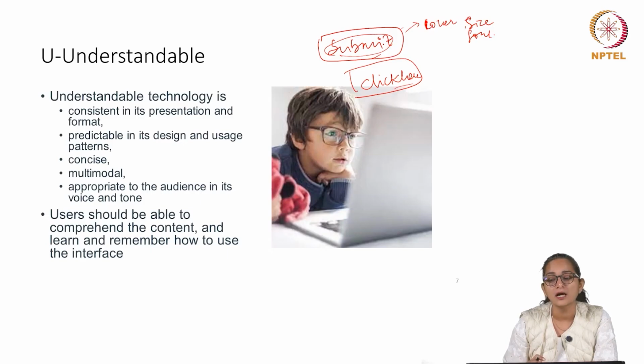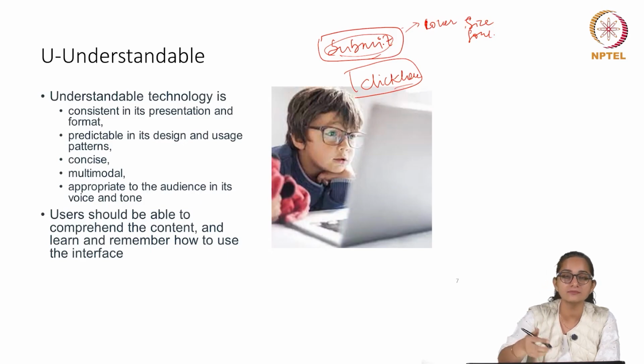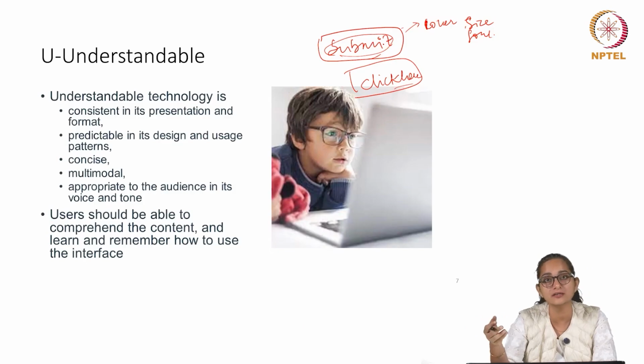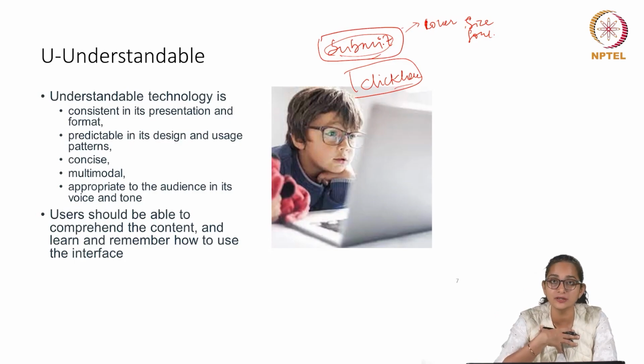And here, some of the sensory difficulties or motor difficulties you can align with perceivability and operability. For example, if I am a person with visual impairment, perceivability might be the biggest challenge for me, as well as operability, since locating the button and then clicking it can be a big challenge for me.